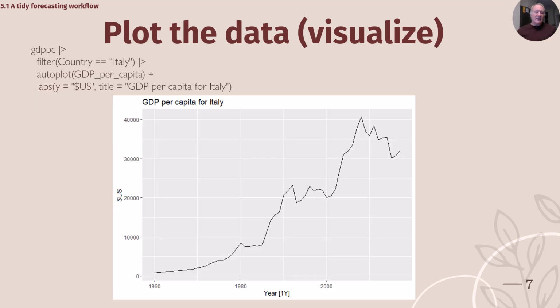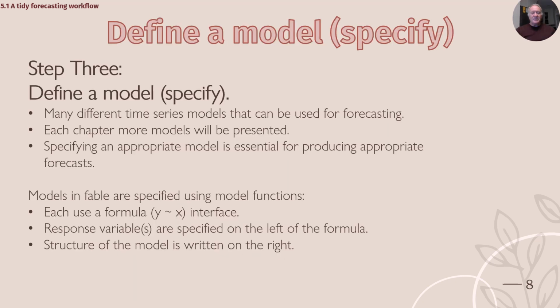So for example, we can look at this data, and I chose to look at the country of Italy, and this is the GDP per capita, or the GDP divided by the population. And it doesn't look like there's a strong seasonal effect. There definitely looks like there's a trend. So maybe that might be what we use to predict the future values.